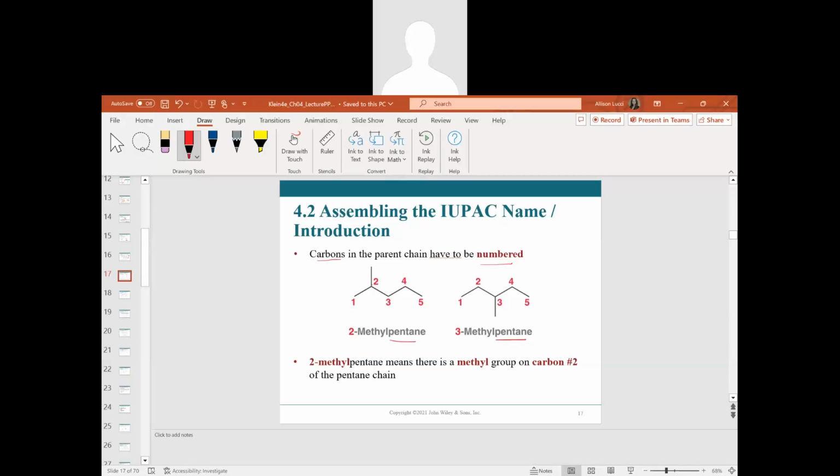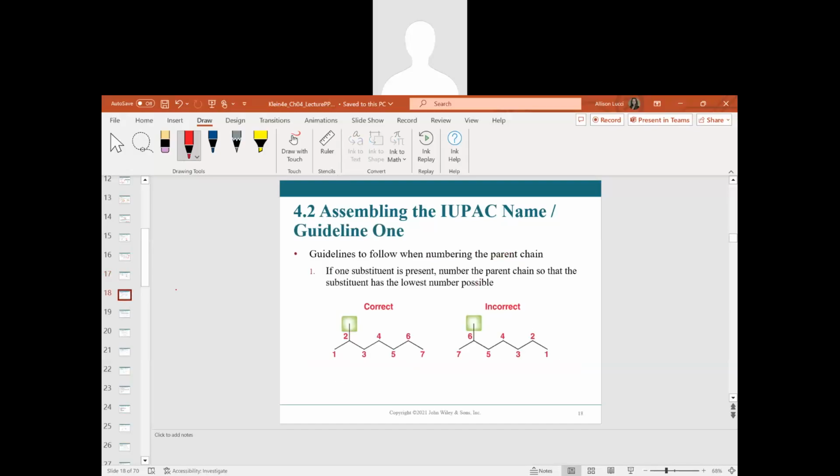And depending on if we have the structure on the left or the structure on the right, the methyl substituent, the methyl side chain, is on the carbon 2 over here or on the carbon 3 over here. So these are similar structures. They would be isomers, but to differentiate one from the other, we have to give that location of the methyl group.